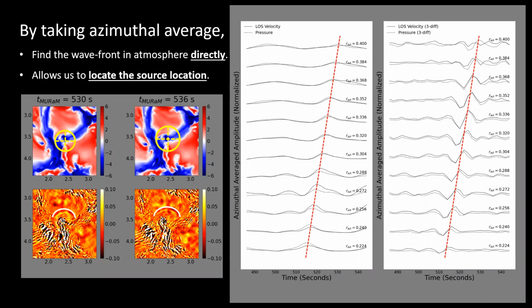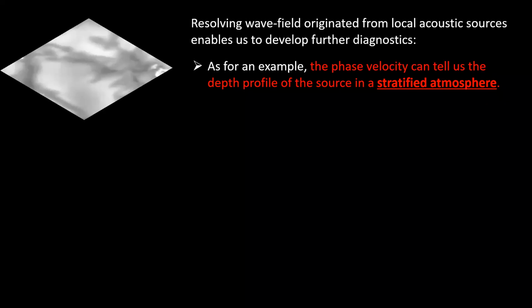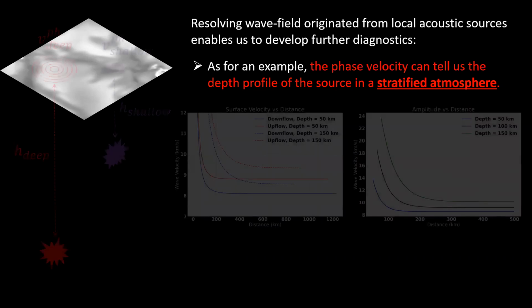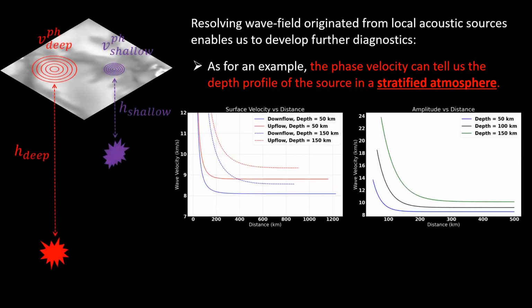So how can we use that? The basic idea is this: what we observe is the surface velocity, or the phase velocity, of the acoustic source. And if we have a deep source or a shallow source, these two different locations would cause a different source speed.